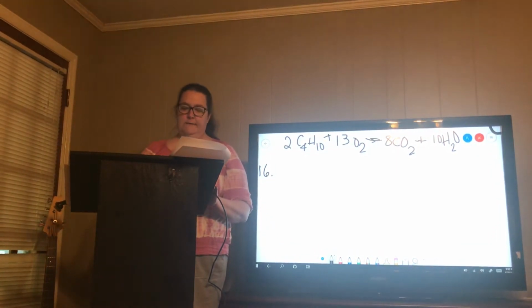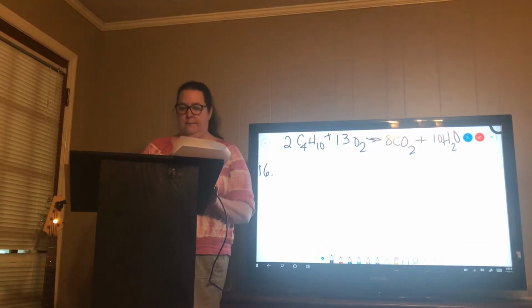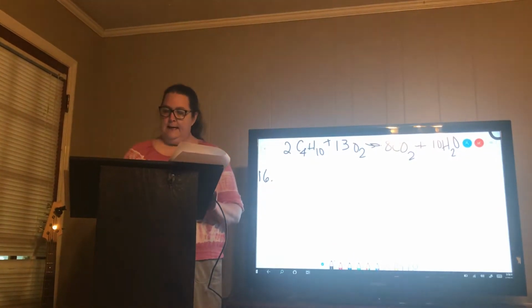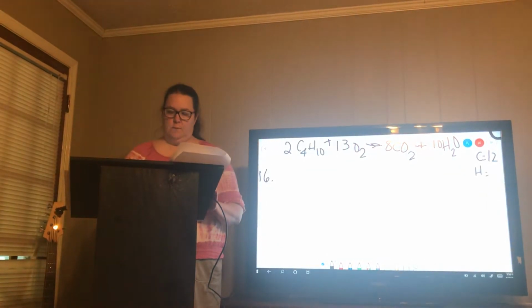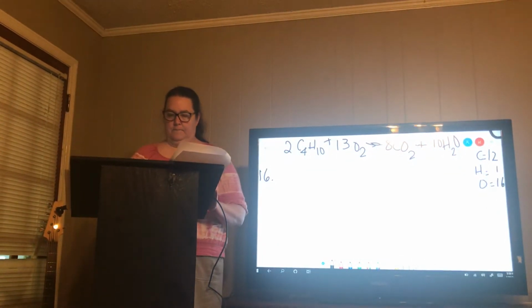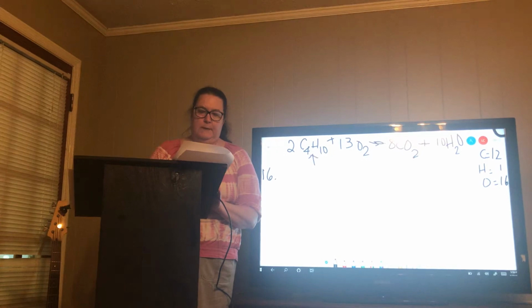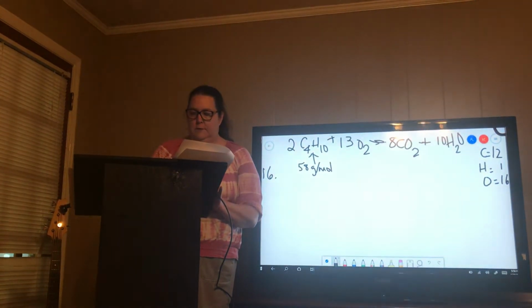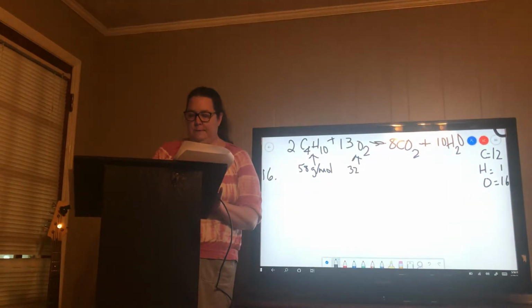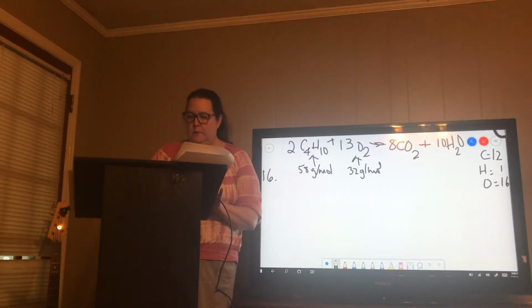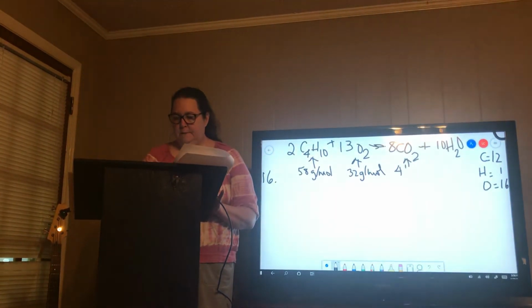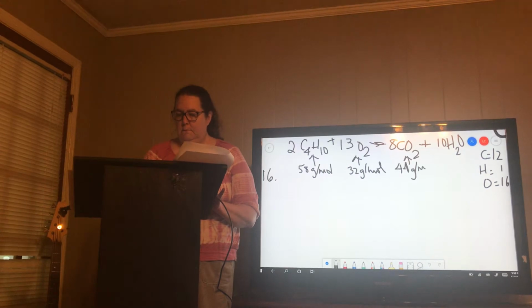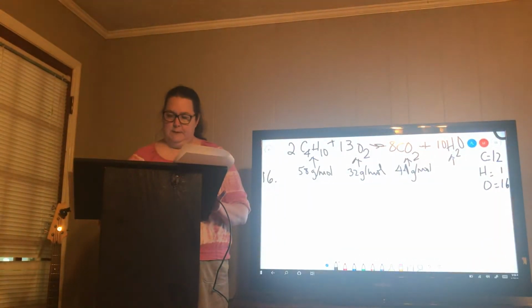Now, before I even start, I'm going to find the molecular mass for all of these. And I'm going to use carbon is 12, hydrogen is 1, and oxygen is 16. So this one will be 58 grams per mole. Okay, this one will be 32 grams per mole. This one will be 44 grams per mole. And then water is 18 grams.